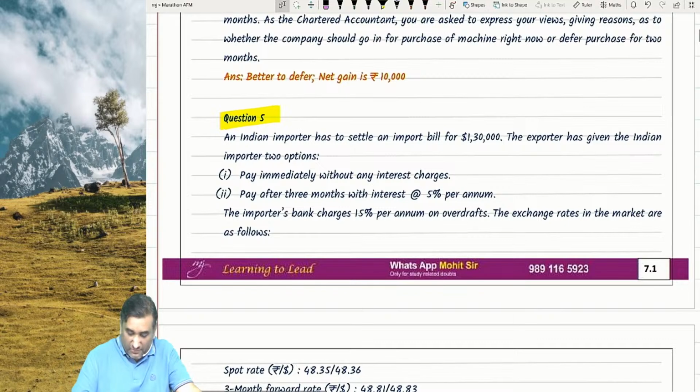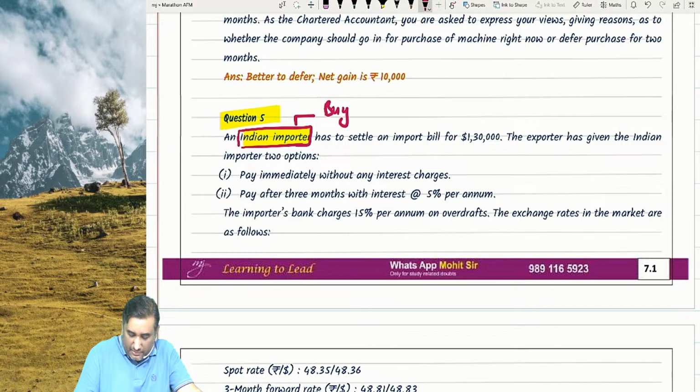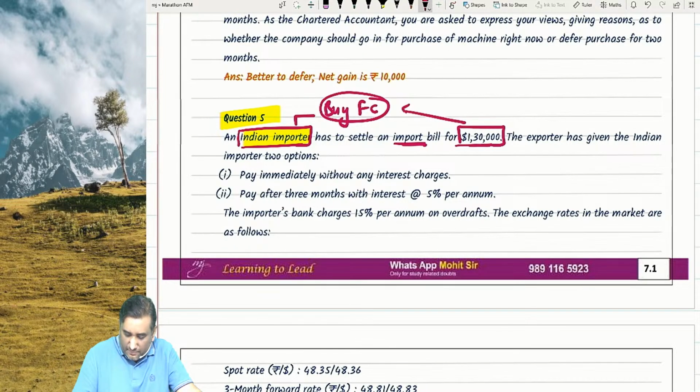It says an Indian importer. The first line itself tells the expression. India is an importer, that means they will need to buy foreign currency. Need to settle import bill for $1,30,000. So they will need to buy $1.